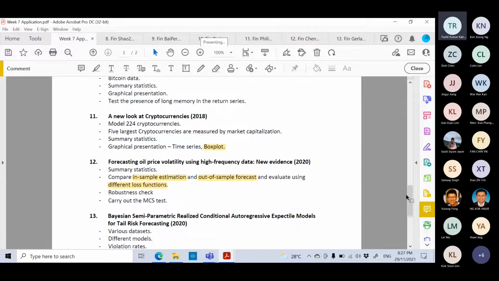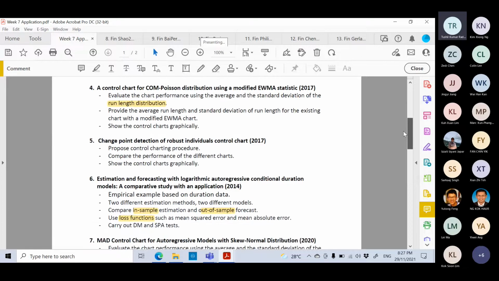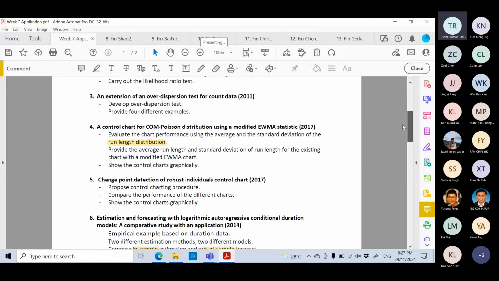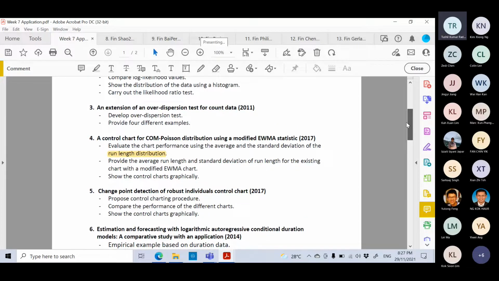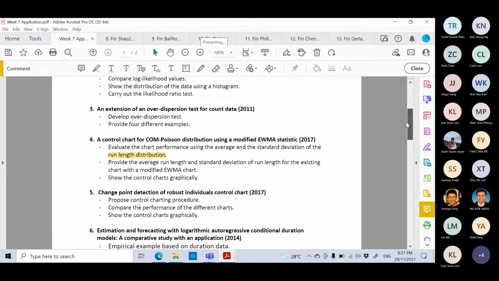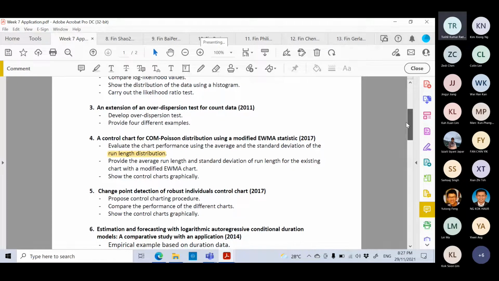Based on almost all the papers I showed you, you can observe that most of the time when you present your result, you not only compare the values themselves. That is just the descriptive statistics of the surface, but you need to go in depth and carry out a hypothesis test to test whether they are significant or not.